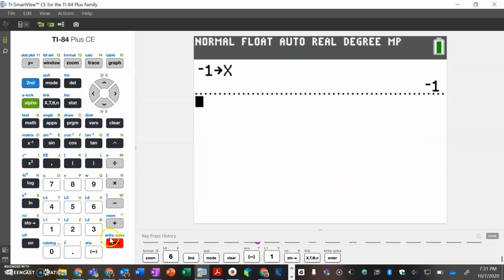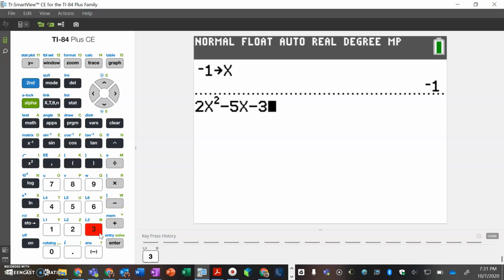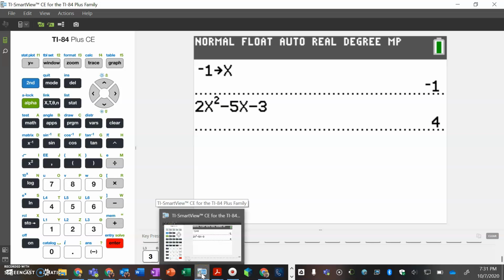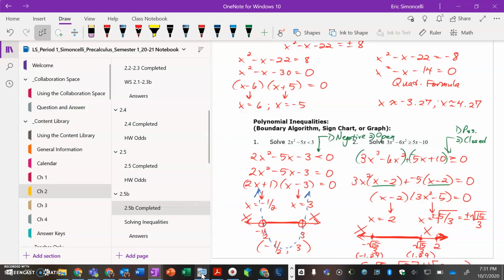So let's see, 2x squared minus 5x minus 3. Okay, so there's your quadratic, and the output, because it's a positive number, 2x squared minus 5x minus 3, when you plug in -1, you get a positive output. You get positive 4. And because we wanted negative outputs, you do not graph left of -1/2.